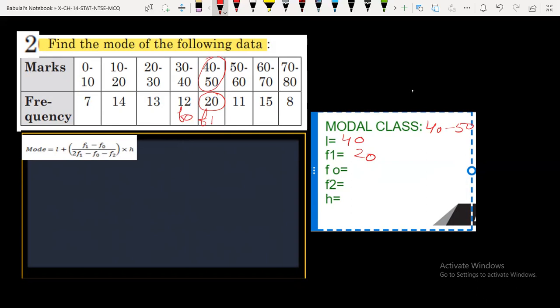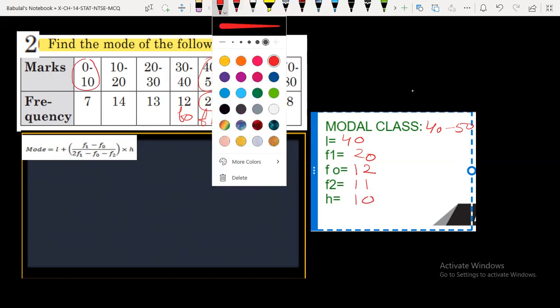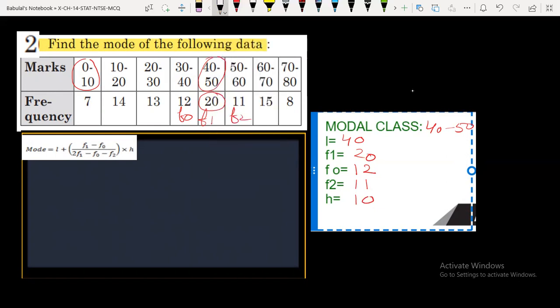Modal class के just पहले जो frequency है उसको हम कहेंगे F0 और उसके just बाद जो frequency आती है that is said to be F2. So F2 is equal to 11. And H stands for the class size. Class size, what is the difference of 10 and 0? That is 10. After getting all these values, what we do, we put all these values in the given formula.